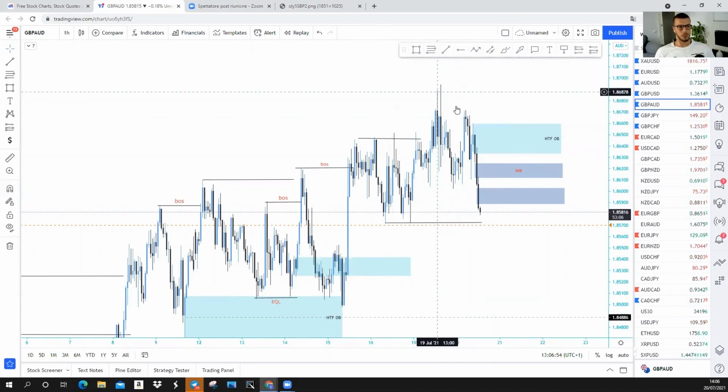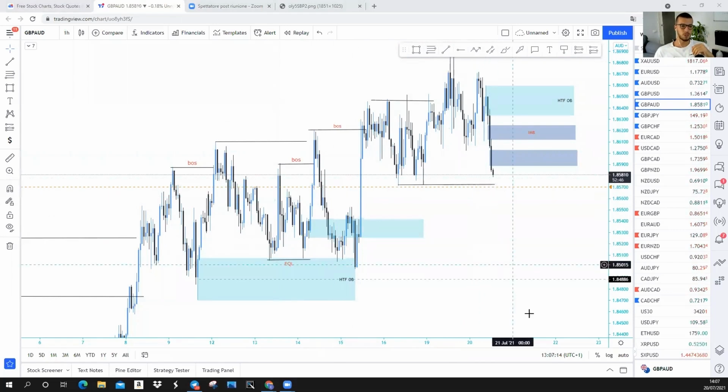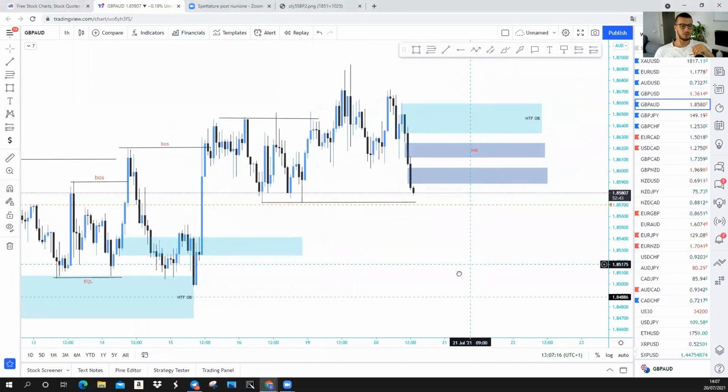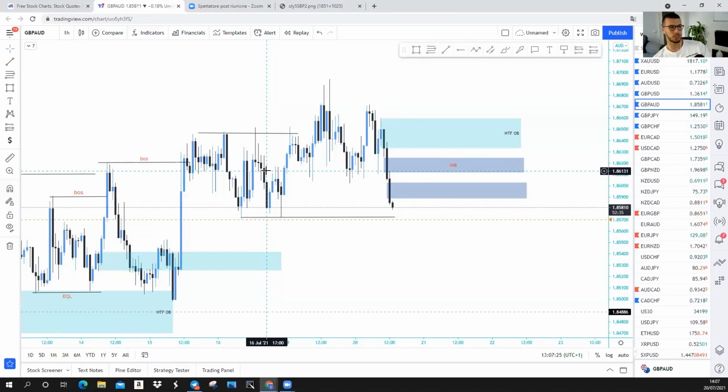Even if we failed to create a new higher high here, these breakout structures were telling us that we were bullish, basically. We were breaking structure to the upside, and basically what we should do is wait for a retracement to our key area and enter for a continuation to the upside. Now, a breakout structure here would first of all confirm the overall bearish Wyckoff distribution, which is this one.